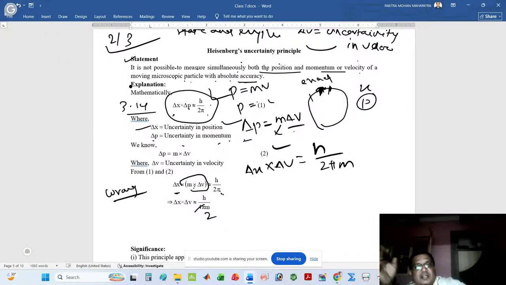Mathematically, del x into del p is nearly equal to h by 2 pi. Then you can change del p and write del x into del v is nearly equal to h by 2 pi m.